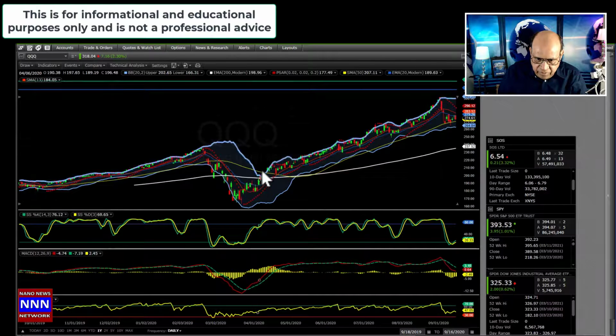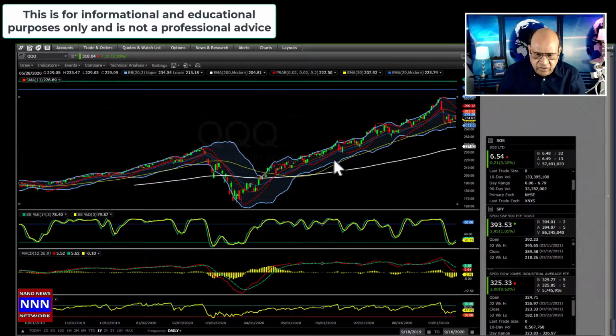Then we have A, B, C after a brisk move. Then we have another correction here, A, B, C. As you can see, A occurs quite briskly and C is the same way, whereas B is always longer than any wave in the correction. Here's A, B, C, and C, and then it keeps going.